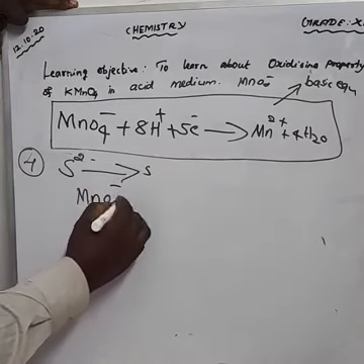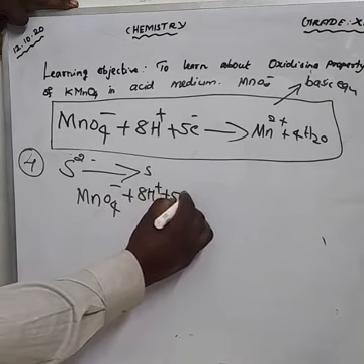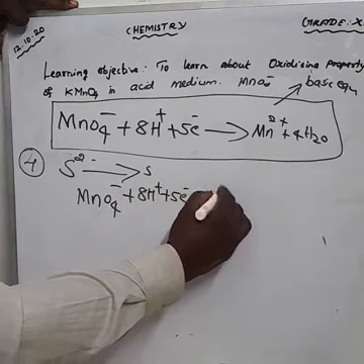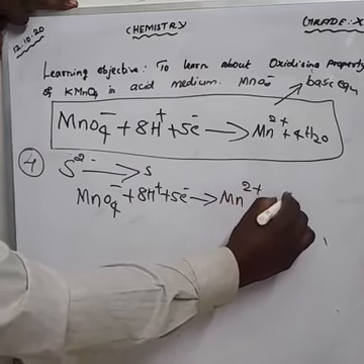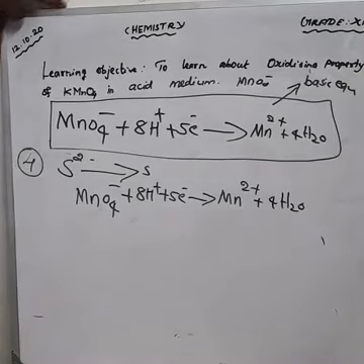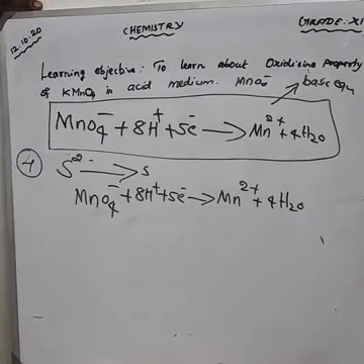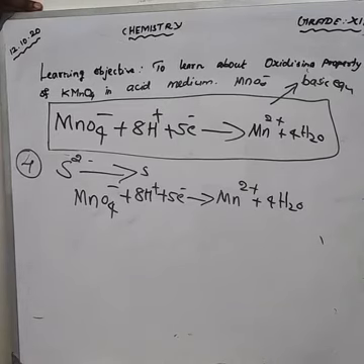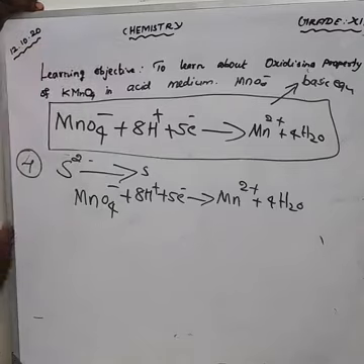MnO4⁻ + 8H⁺ + 5 electrons gives Mn²⁺ + 4H2O. Next one, it oxidizes sulfide to sulfur.